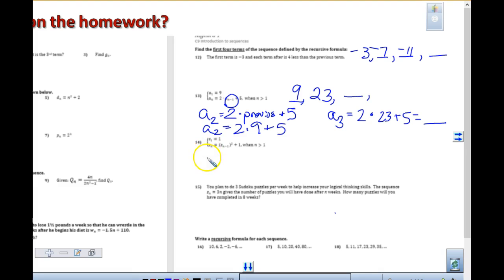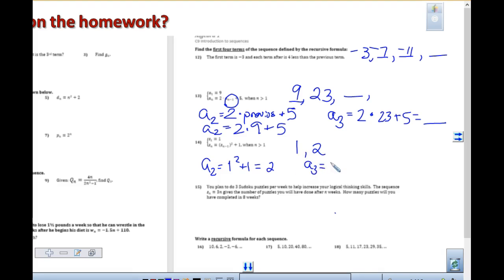If I'm looking at 14, 14 says the first one is 1. That's our given information. To find the second term, it says square the first one, previous squared, plus 1. 1 squared is 1 plus 1, 2. So my second term is 2. What is my third term?